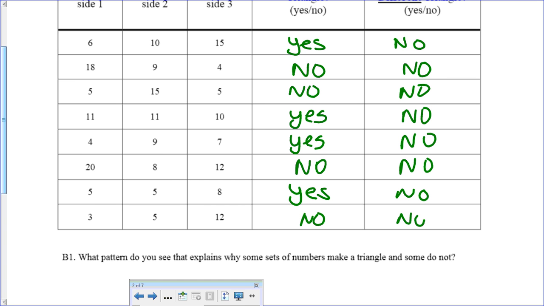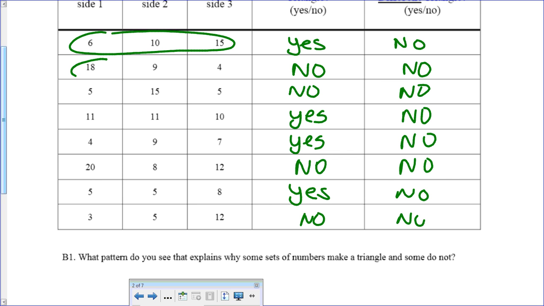Okay, the sides are closer. Okay, anything else? No one saw any other pattern? Aiden, do you see a pattern? No? Let's compare a yes to a no. Let's look at these sides here.